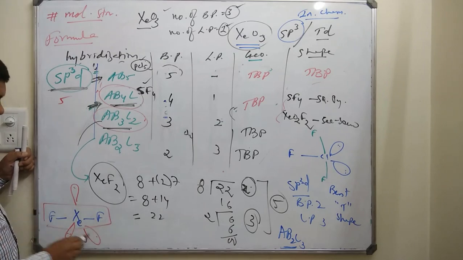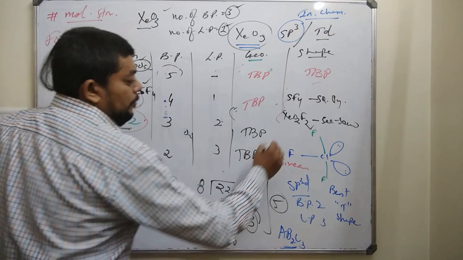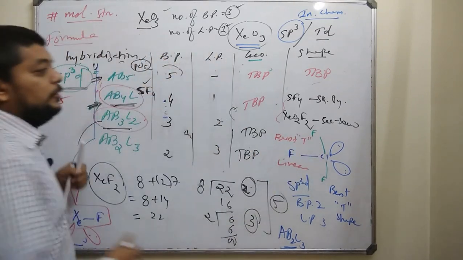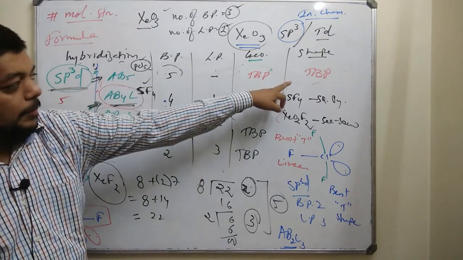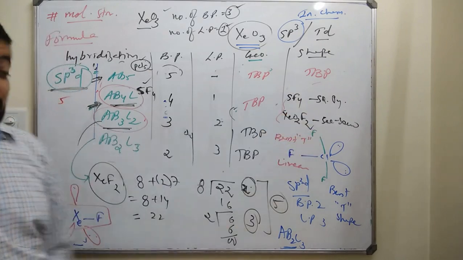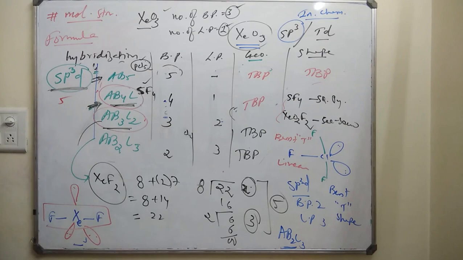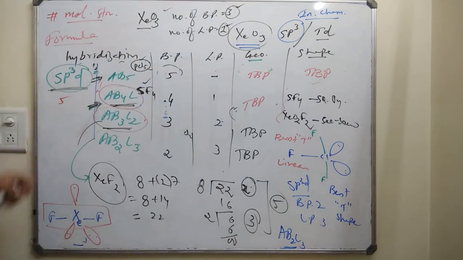So you can see the huge spectrum of shapes that you have received today from this video. AB5 is a trigonal bipyramidal shape. AB4L, you can have square pyramidal, you can have seesaw. AB3L2, you can have a bent T shape, and AB2L3, a linear shape. So friends, sp3d, a very important class of hybridization that is done today.